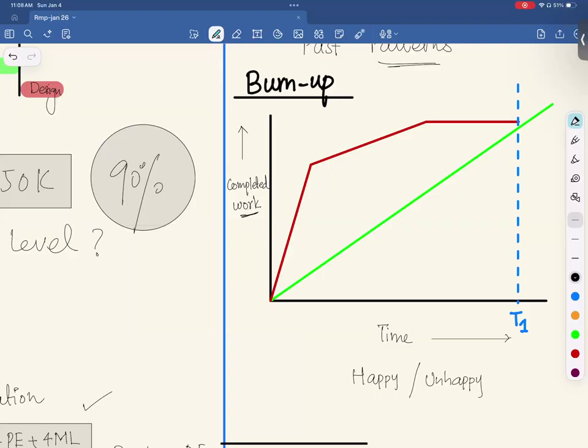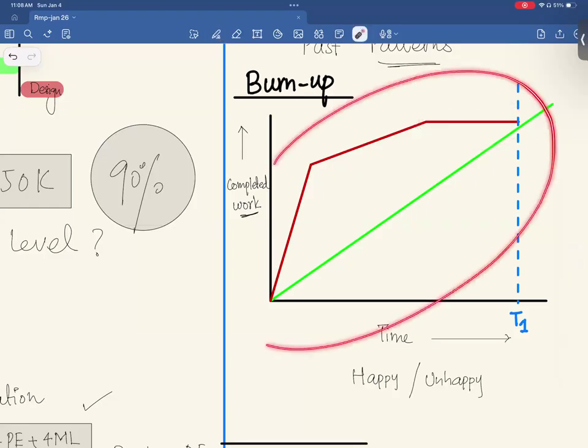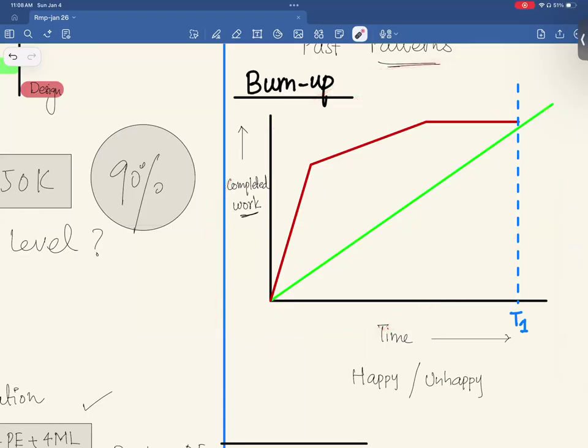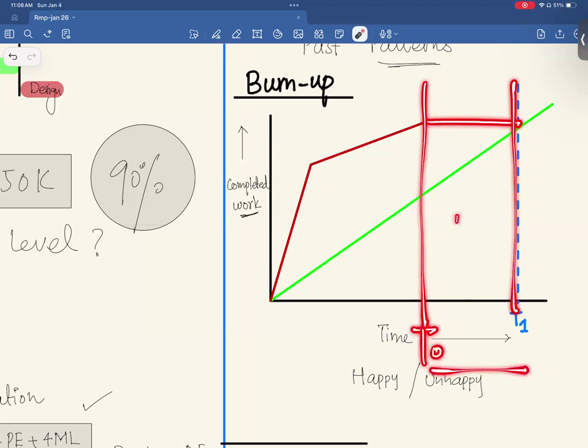Okay. So see, at this point in time, yes, we are above the ideal line, a little above, but this trend is problematic. We were doing wonderful at the start. Then we did great here, but there is a huge dip in rate of progress. And then it is flat from T0 to T1, no progress.